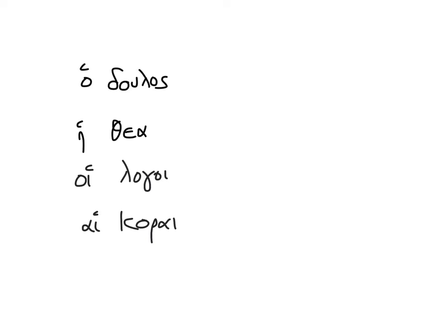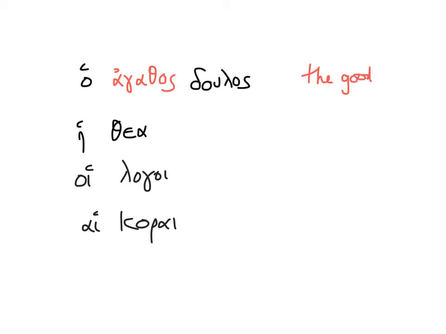So let's take the first one, and if I move the word doulos away from its definite article and add agathos between the article and the noun, I've now added the word for good. And so I've now made the good slave. And good in Greek here is agathos.